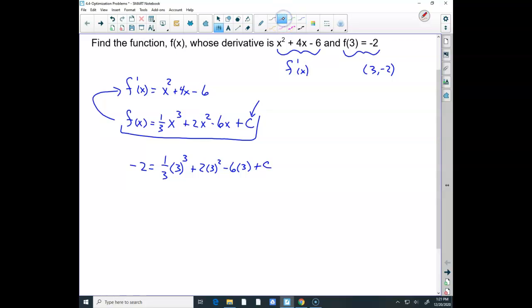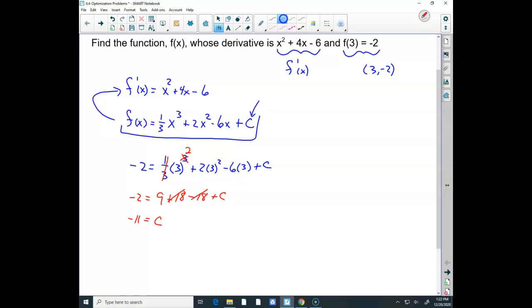So negative 2 equals, well, this third is going to get rid of one of those 3's and make that a squared, because that's 3 times 3 times 3. So I get 9 plus 9 times 2, that's 18, minus 18 plus c. I can see those 18's go away, so c must equal negative 11.